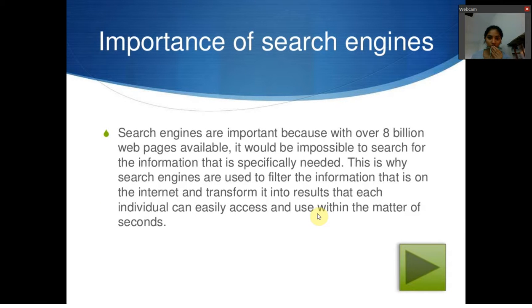And the importance of search engines. There are over 8 billion web pages available, and it would be very difficult to find information across that many resources. So the search engine, depending on the keywords specifically used, takes that information and transforms it into a result that the individual can easily access.